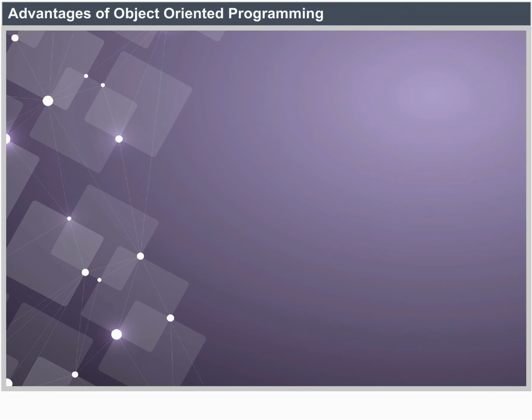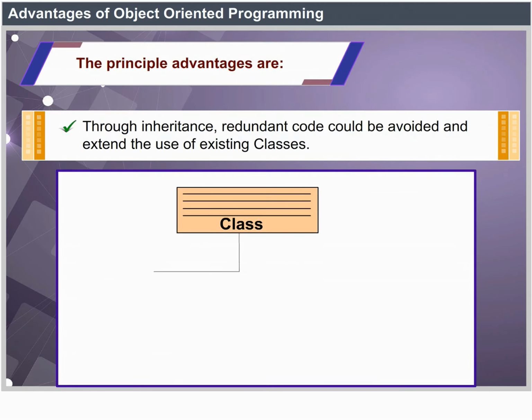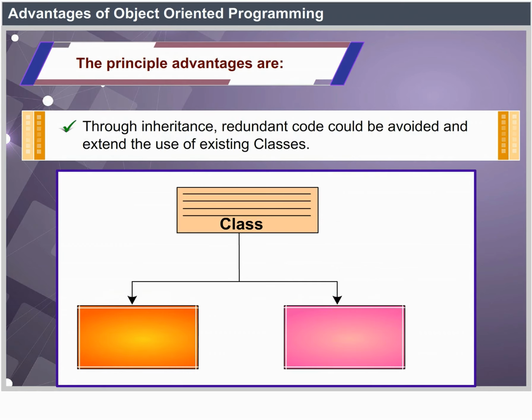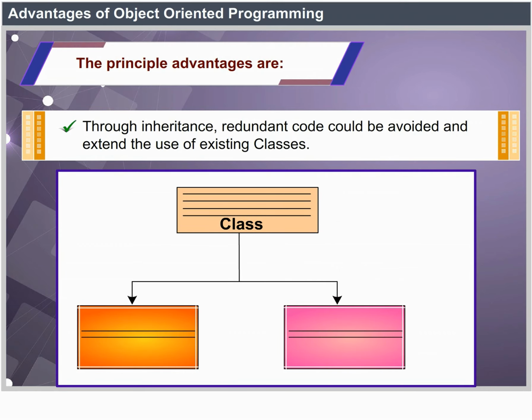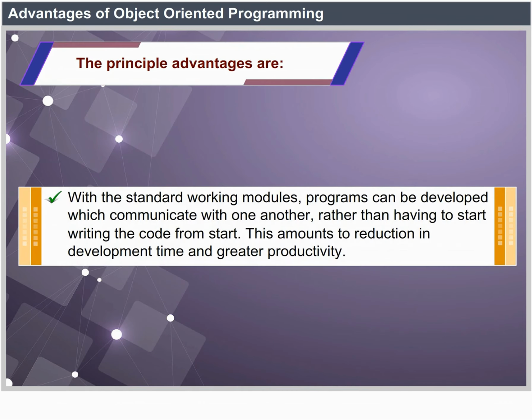The principal advantages are: through inheritance, we can eliminate redundant code and extend the use of existing classes. We can build programs from the standard working modules that communicate with one another, rather than having to start writing the code from scratch. This leads to saving of development time and higher productivity.